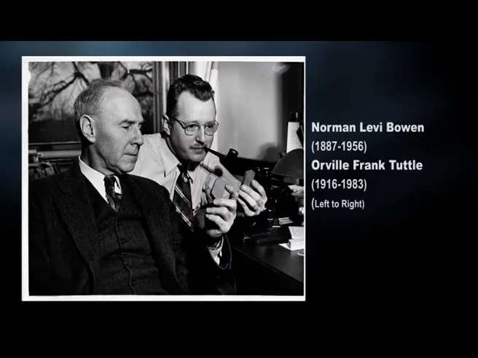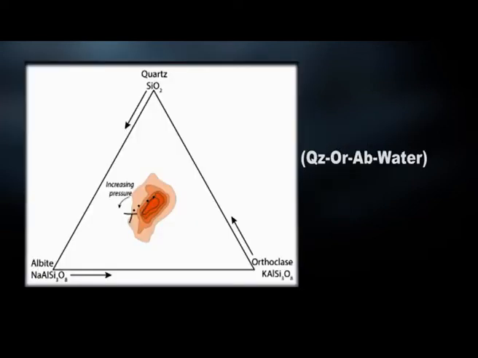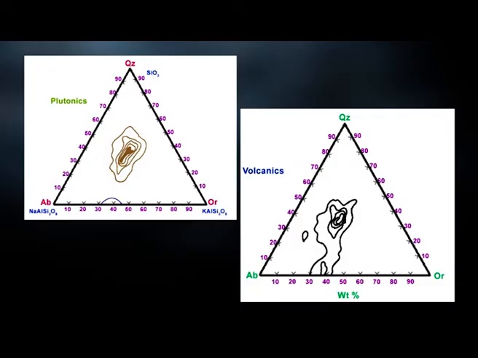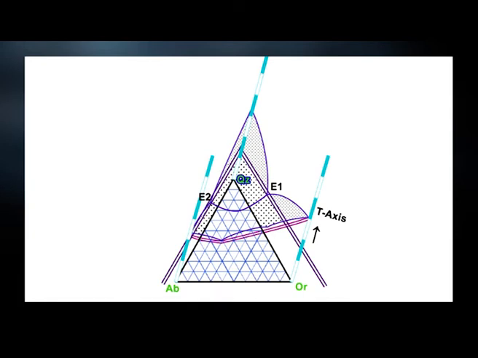Subsequently, Tuttle and Bowen in 1958 performed melting experiments on the granite system SiO2, KAlSi3O8, NaAlSi3O8 plus H2O, that is the quartz orthoclase albite water system. They experimented at different water pressures and found that granite melting begins near 650 degrees centigrade. Their results are shown in the phase diagram.